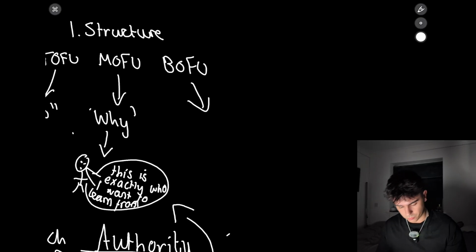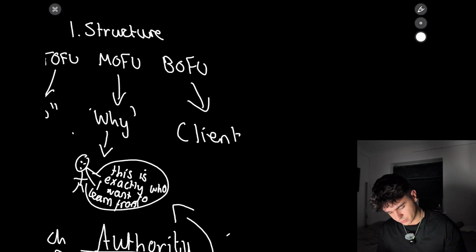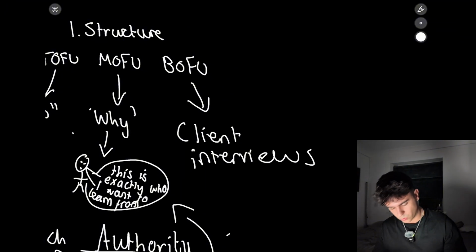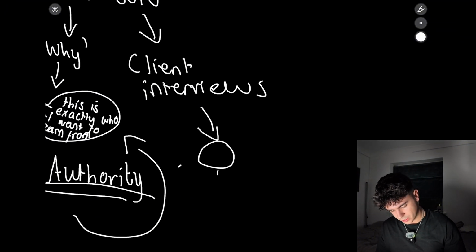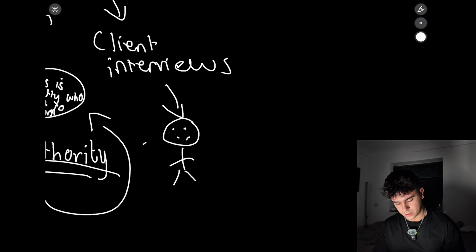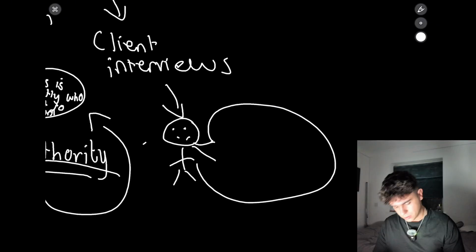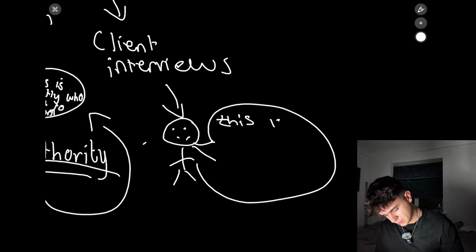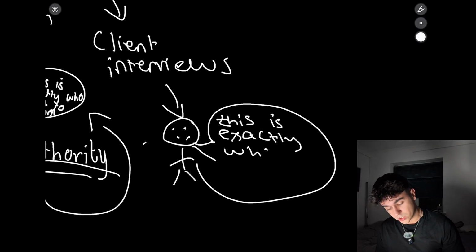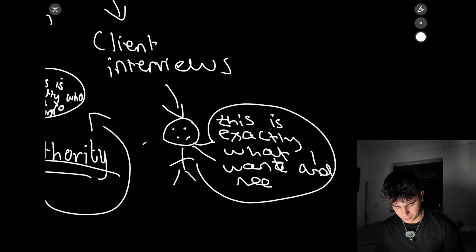Next, we have bottom of funnel, which is client interviews. Once again, the goal of this is to get the viewer to think to themselves, this is exactly what I want and need.